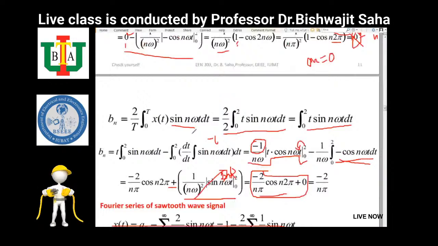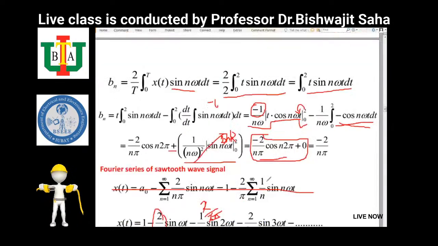Cos pi plus 0. Sir, now cos 2 pi equals 1, sir. But why n, sir? Minus 2 by n pi. But why, sir, n?